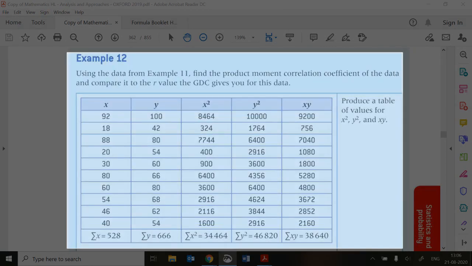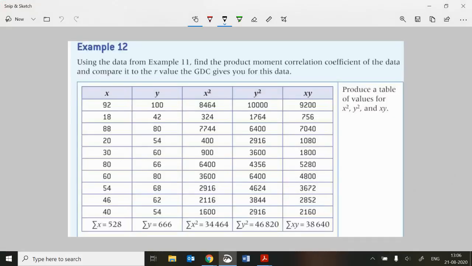Of course, your calculator calculates this for you, and on your calculator you only need to put in these two categories here. But remember that if we want Sx, for example, we need to do the sum of our x squares divided by n, minus x bar squared. That's the variance, and we can square root it to get the standard deviation of x.